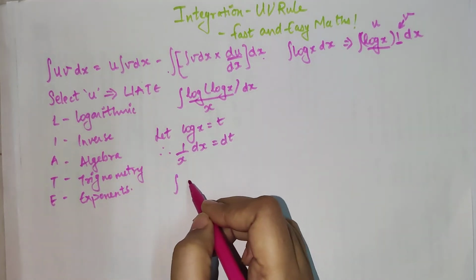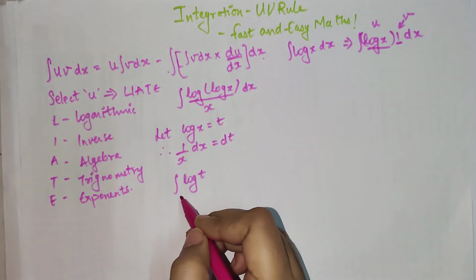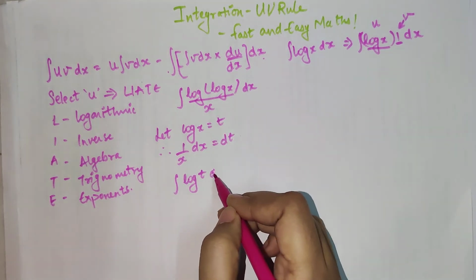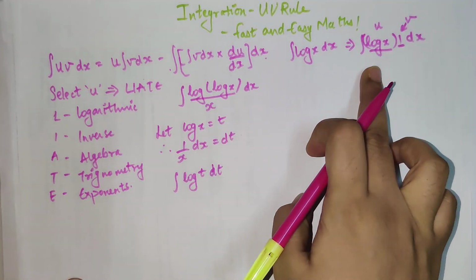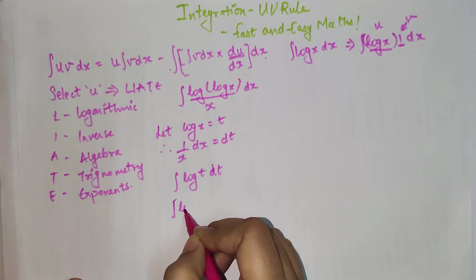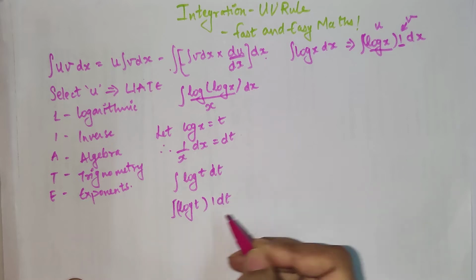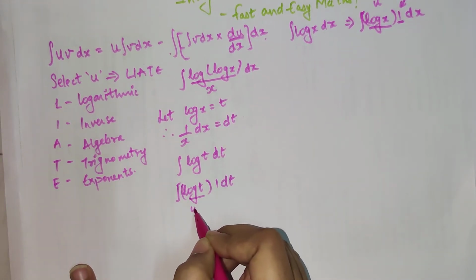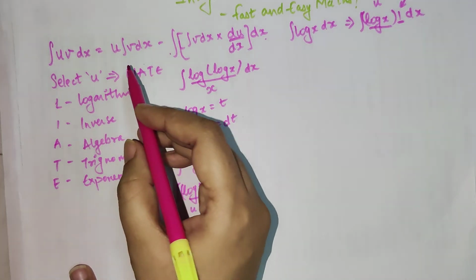So my entire question changes to integration of log x, which is t, and 1 upon x dx became dt. Now, like I explained, the entire question changes to log t the whole multiplied by 1 dt. Here this is my U and this is my V. So you're applying your formula.